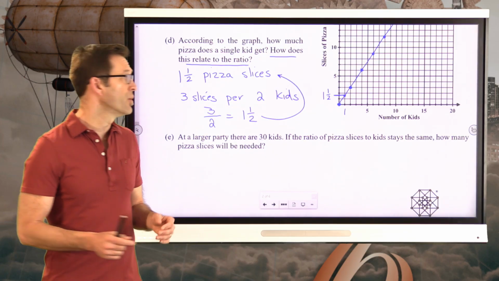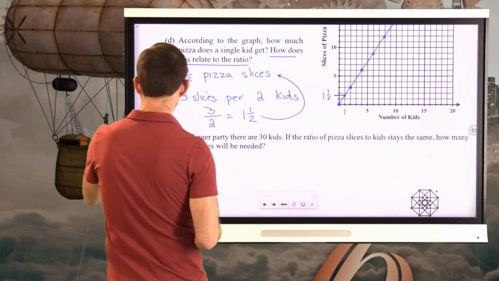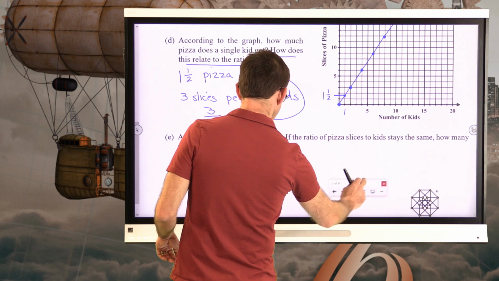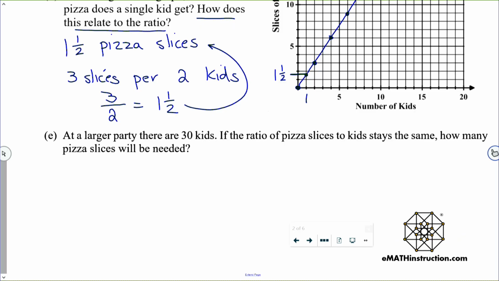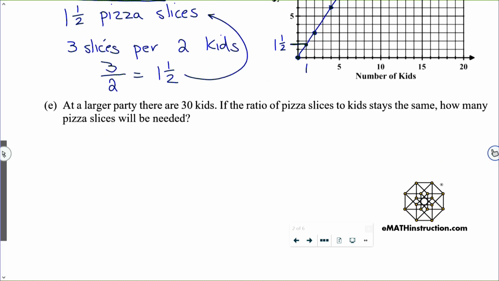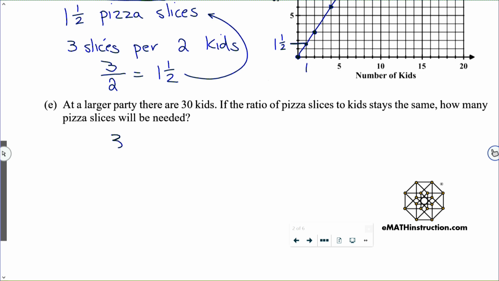All right, so let's do it. I'm going to just do it by a simple scaling. By a simple scaling, I mean that if we've got 3 slices per 2 kids, and we're going to end up with 30 kids, then how do I need to scale?